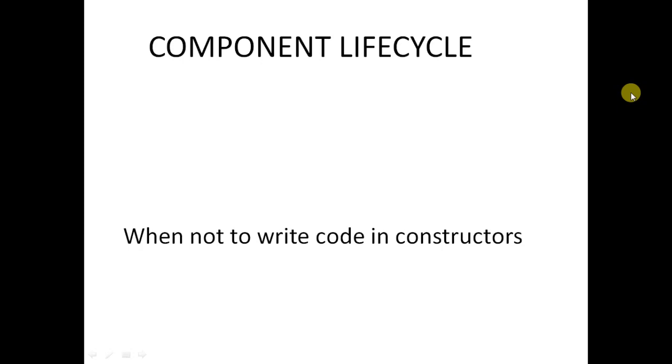Now, when not to write code in the constructor. In the online auction application, you inject the product service in the constructor of the home component and invoke the getProducts method right there. If the getProducts method needed to use values of the component properties, you would move the invocation of this method to ngOnInit to ensure that all properties were initialized by the time you called getProducts.